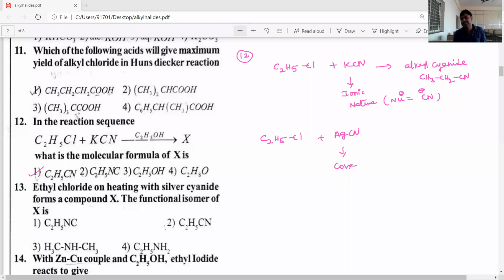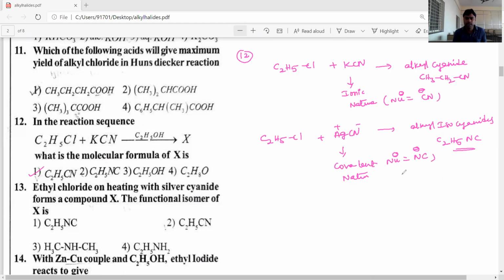Already in first PUC we discussed Ag plus and CN minus. So it has covalent nature. So the nucleophile is NC minus, isocyanides. The product is alkyl isocyanides. So here the product is C2H5NC.